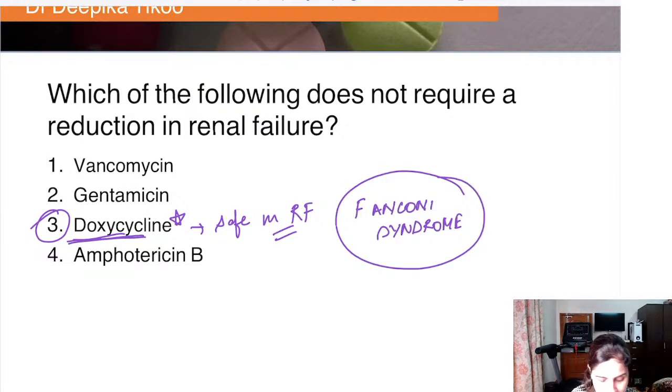But doxycycline is the exception. Otherwise, vancomycin, gentamicin, you know that aminoglycosides are very nephrotoxic. So is vancomycin and even amphotericin. All of these drugs require a reduction in renal failure.